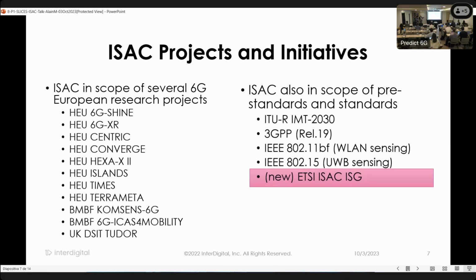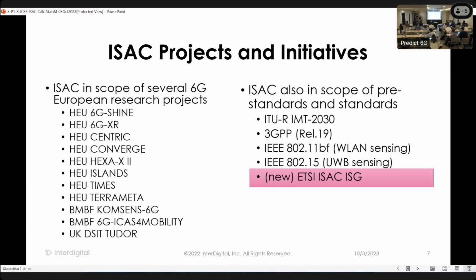And what I wanted also to bring to your attention here is a new group that I had the honor to lead at ETSI, the European Telecommunications Standards Institute, on that technology of ISAC. So we recently created an industry specification group focused on this specific technology of ISAC.